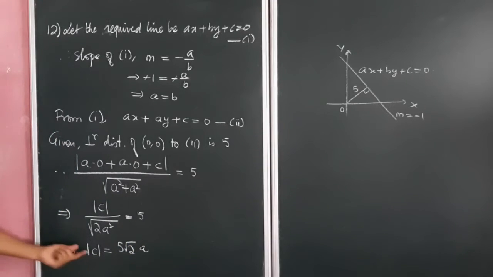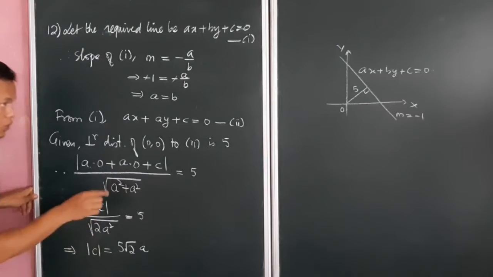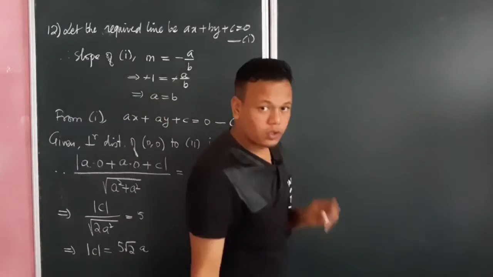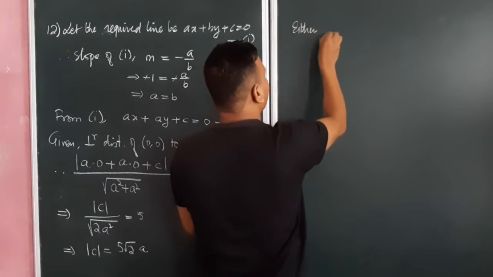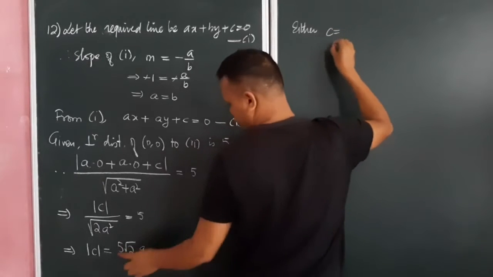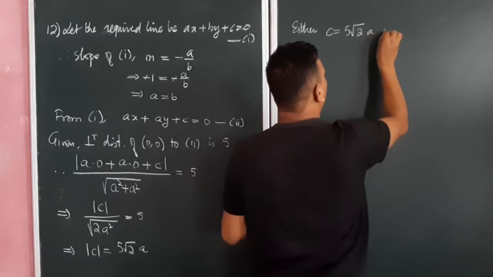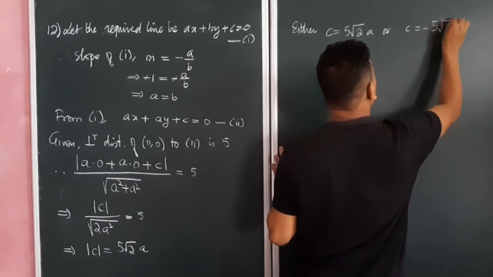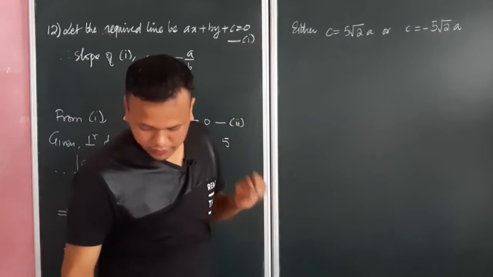So we got the value of c, but it is modulus c, so there are two values possible. I don't have space here, so I'll erase that and write down there. Either c has to be positive, that is 5 root 2 a, or c has to be negative, that is minus 5 root 2 a. These are the possible values.